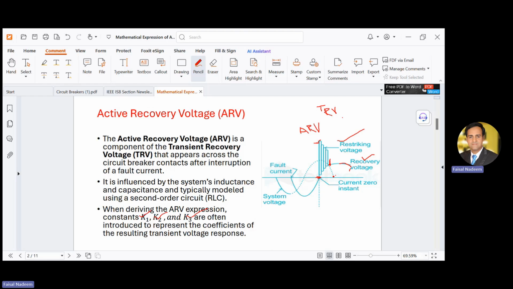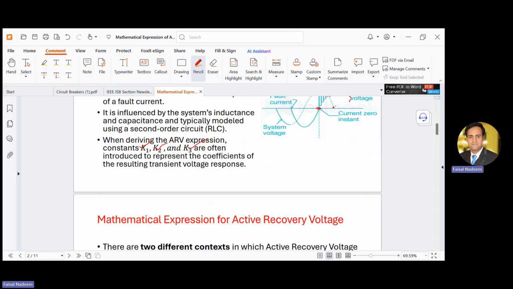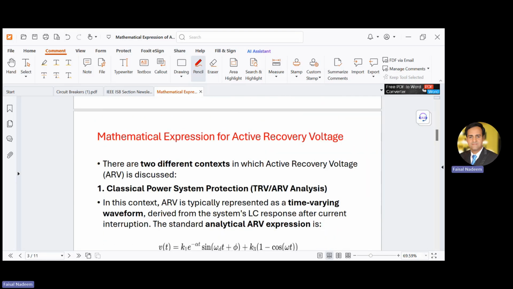The significance of these constants in the overall equation of active recovery voltage we will also discuss in today's lecture. Now we will start with the mathematical expression for active recovery voltage.